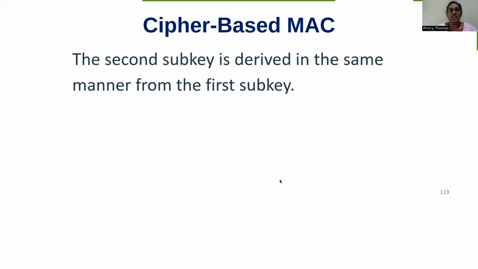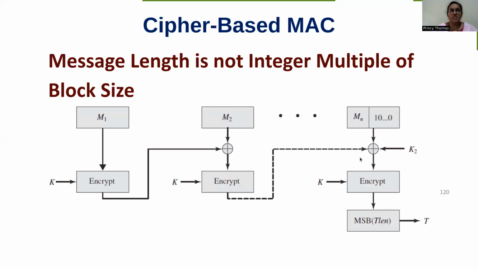Okay, so this is how K1 and K2 are generated. So if the message length is not an integer multiple, everything else is the same. The padding is that the first bit is 1 and the rest are zeros. Here the last block is XORed with K2 instead of K1. That's the only difference: this padding and K2 differ from the previous cipher-based MAC.